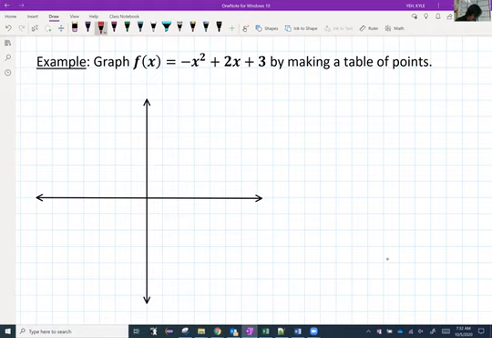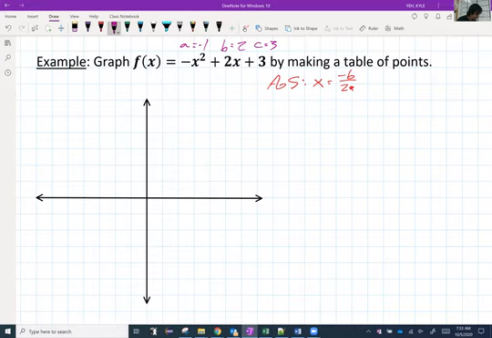So that's going to be the first thing I do. I'm going to say, okay, so axis of symmetry, I know it's x equals negative b over 2a. And so I'm going to come up here and say, so a looks like it's negative 1 here because we have negative x squared. B is 2, c is 3.